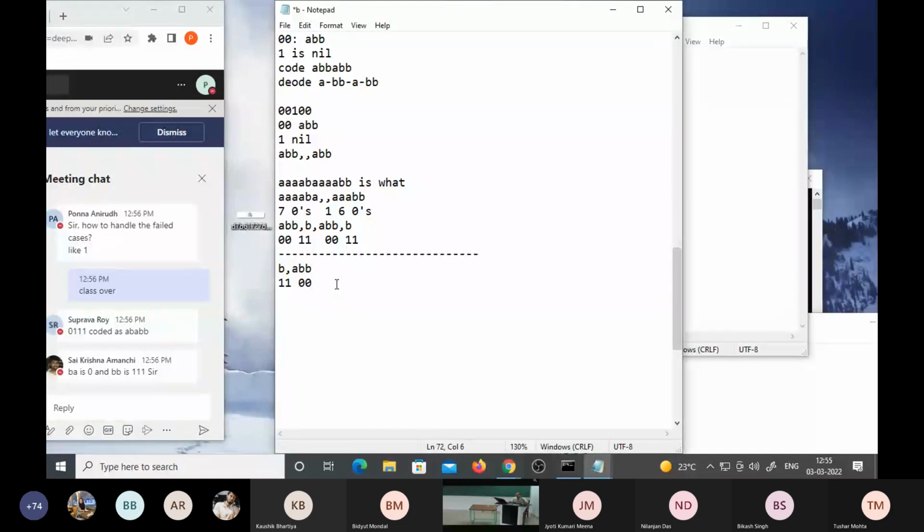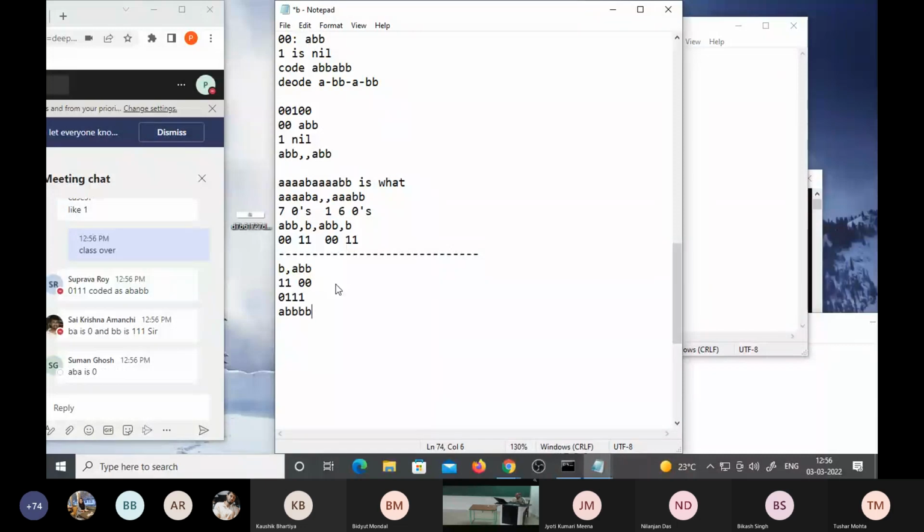Let us see this. 0, 1, 1, 1. First 0 is A, followed by BB. This is also BB. And what's the problem?